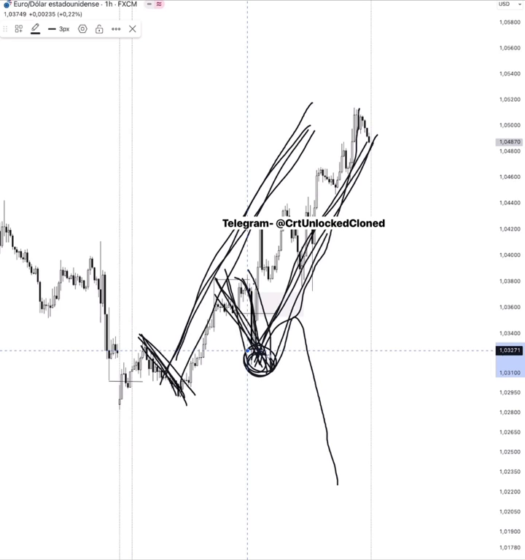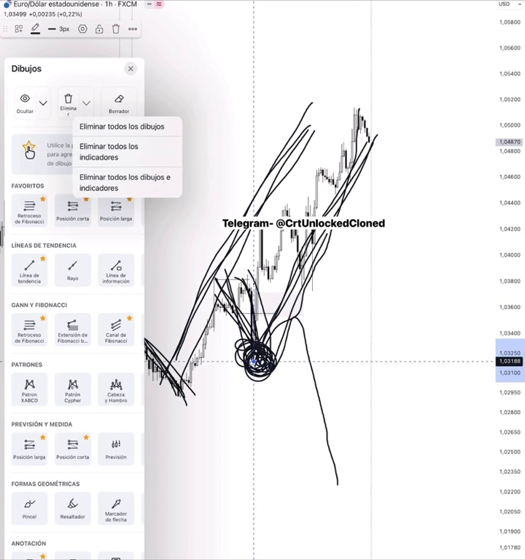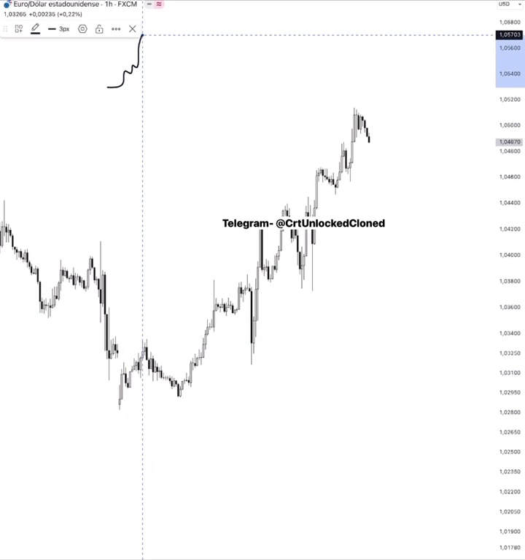So that was the entry right here on Wednesday. As we know, or as some of you don't know, Wednesday is usually a classic candle, which means fading what happens at the beginning of the Wednesday daily candle is usually a good idea, because what happens is it'll go in the opposite direction.